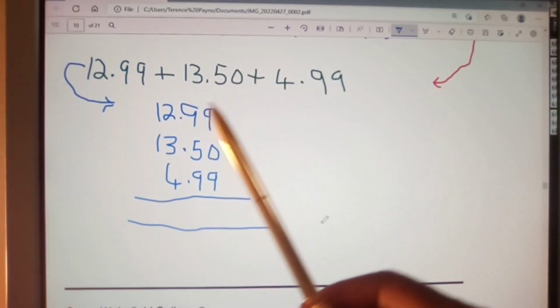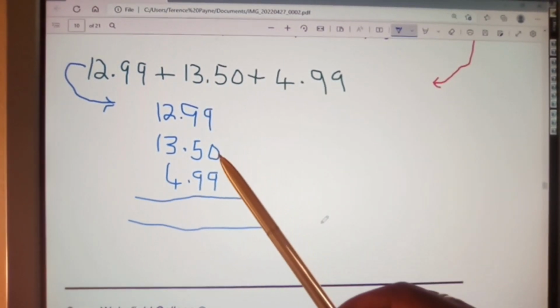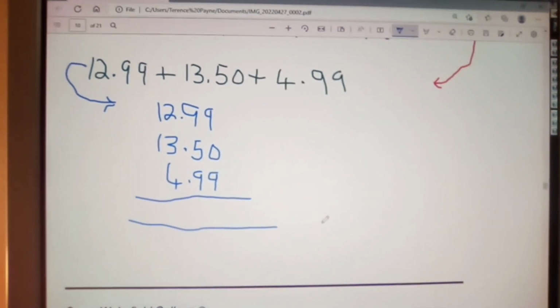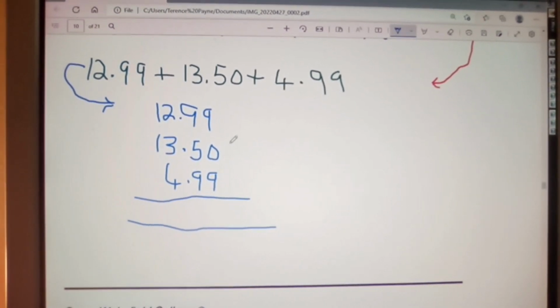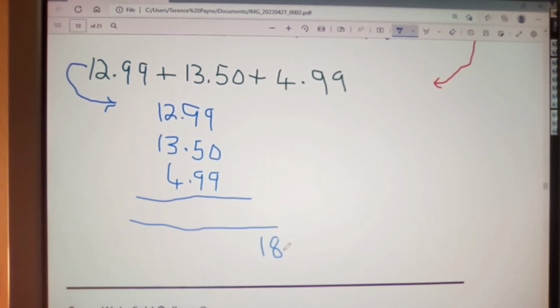We start from this side for our addition. So we take 9 add 0 is 9, add 9 is 18. This is just how I work, so you don't have to work like this. If you want to work a different way, feel free to work any way you like. So 18.